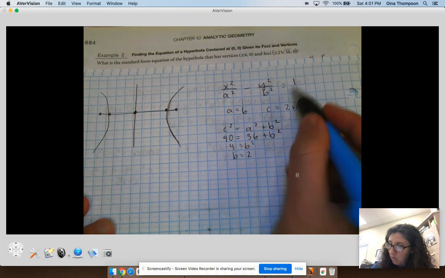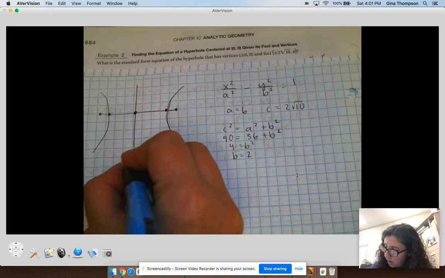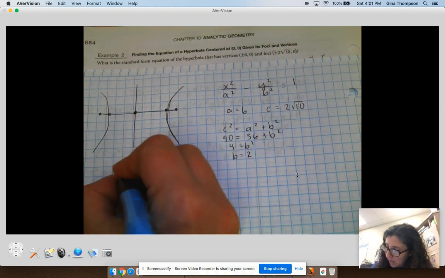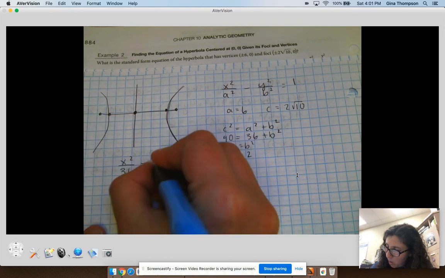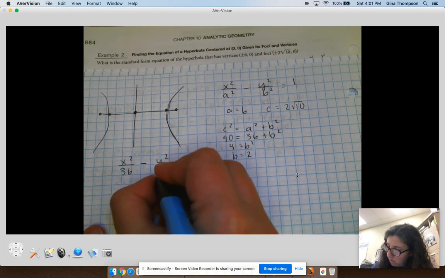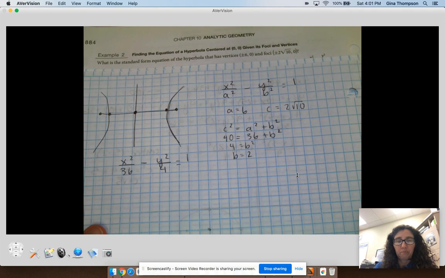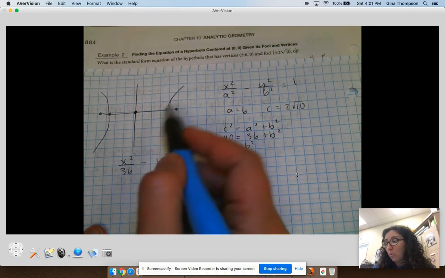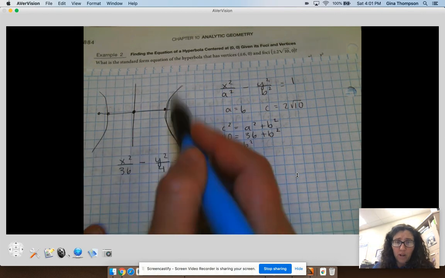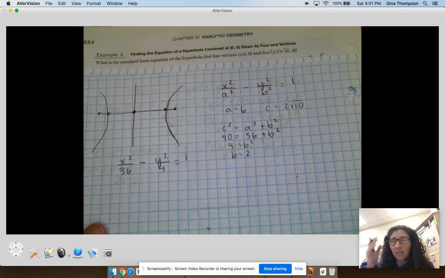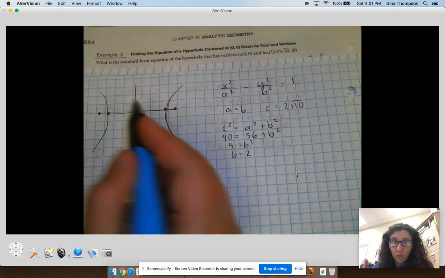All right, so now we just need to put this in our equation. x squared over 36 minus y squared over 4 equals 1. It's not so bad, right? Right now, the graphs are just really rough, right? We're just doing the graphs to kind of get our thoughts centered. We're not doing careful graphs yet. We'll do careful graphs in a minute.